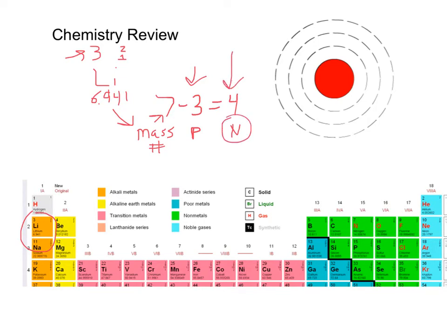You can take all that information and put it into a Bohr model to the right. And to do that, here's what you'll need to do. You'll need to write in the middle how many protons and how many neutrons you have. So we have 3 protons, that's the atomic number. And we said 4 neutrons, giving us a mass number of 7. And then we can put the electrons around according to the electron configuration, which is right here.